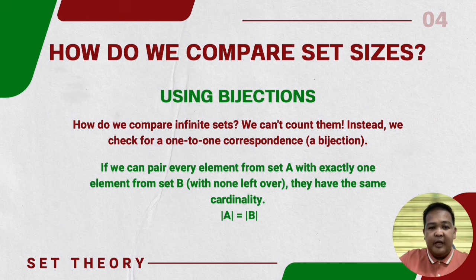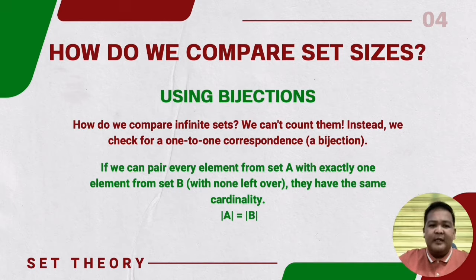If you can pair every element from set A with exactly one element from set B without any leftovers, then these sets are considered to have the same size or cardinality. This concept might seem a bit abstract at first, but it's a powerful tool in understanding infinite sets.